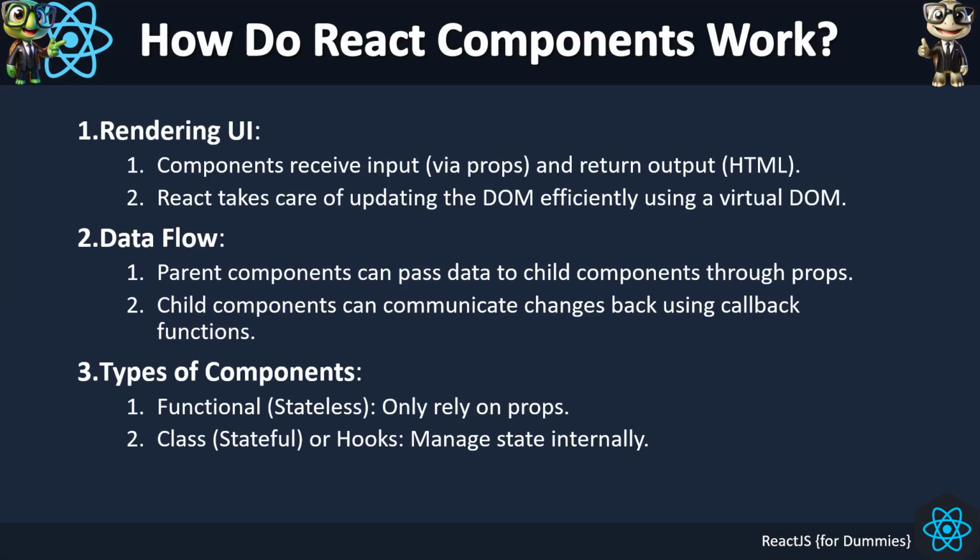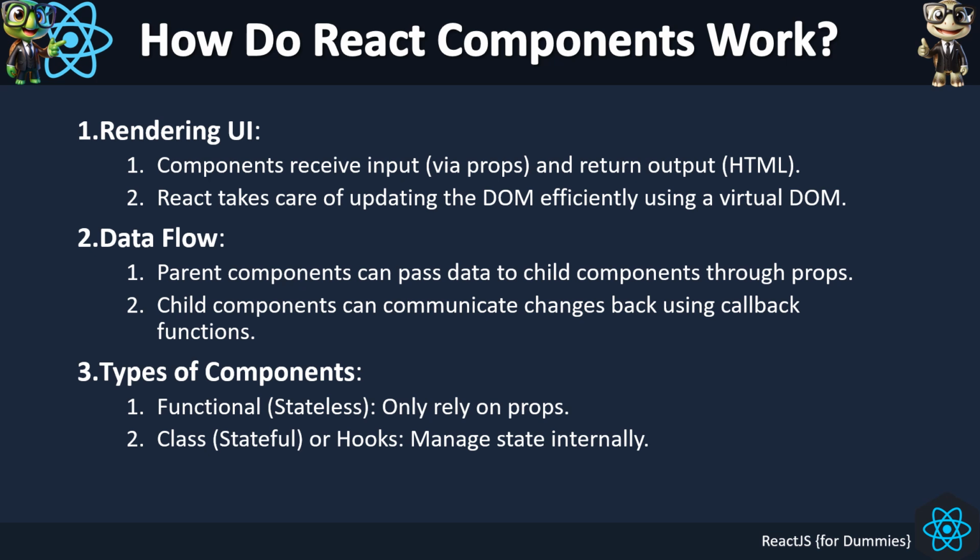Now let's look into how a React component works. React components are smart. They know how to take data, render it as HTML, and update themselves when something changes. In our shopping list example, the shopping list component passes each item to the item component when it renders it. So think of this as an information exchange across your entire website.